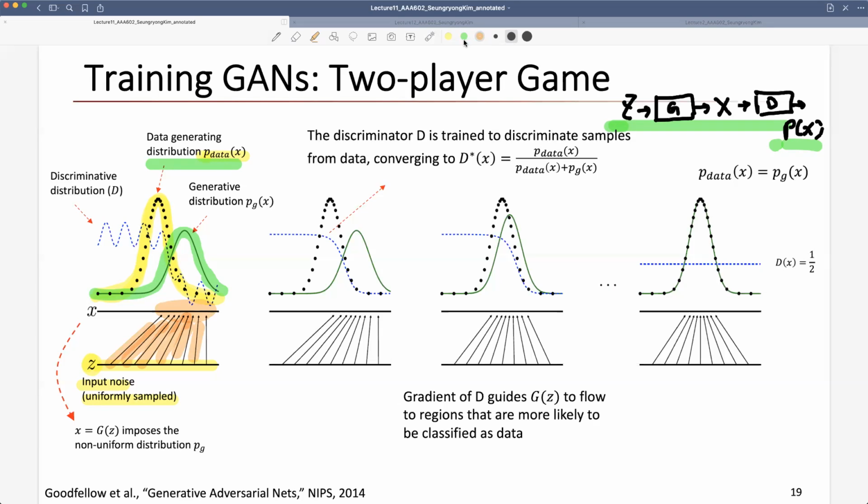So the probability of it is going to look like this. And our current discriminative distribution looks like this, right?